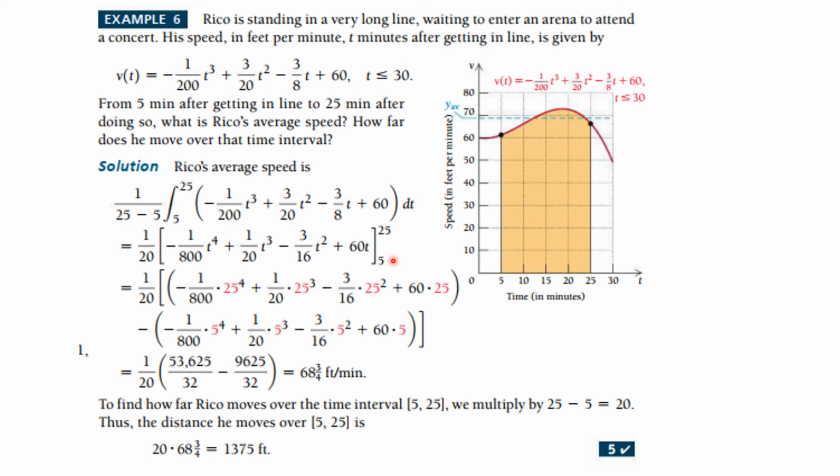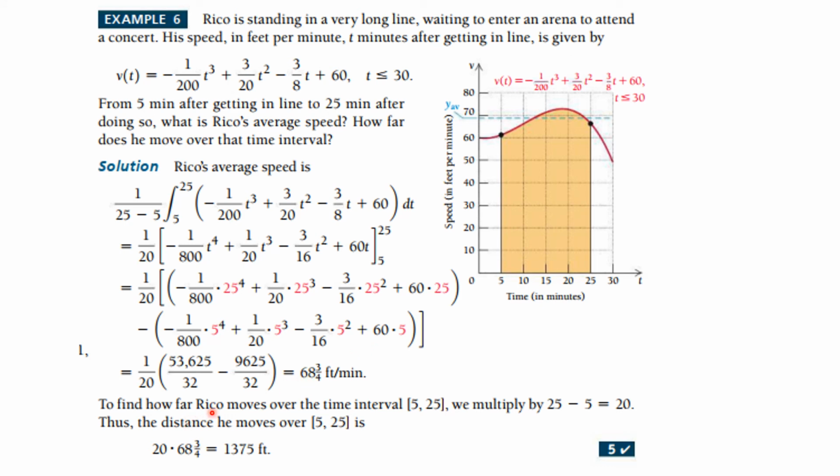Lots of calculations. Make sure you can do these calculations. You formulate the problem, set up the integrals, then calculate the integrals. I expect you to do all three. So we substitute first 25, and subtract off the whole of substituting 5.